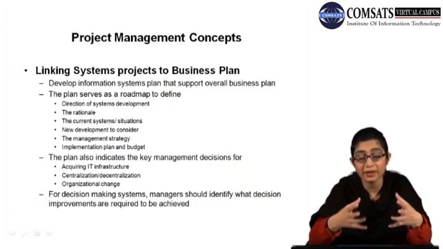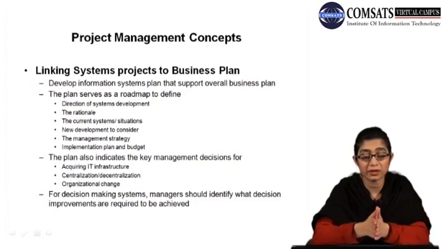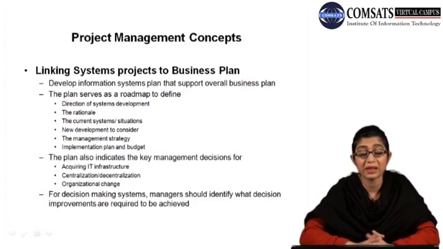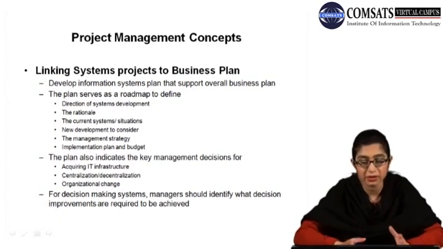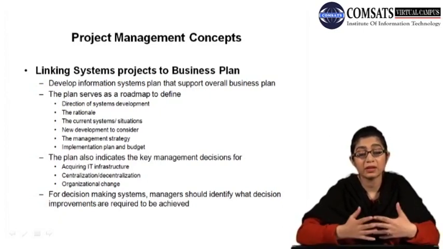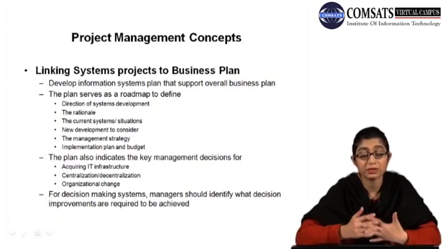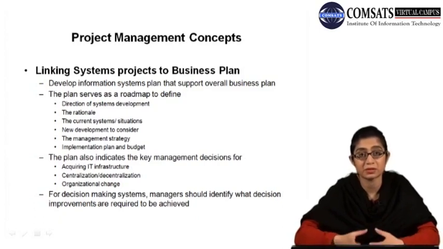So this information systems plan, जिसको हम कह रहे हैं कि that has to be linked to the business plan, इसके जो different components हैं these are the following. Basically it is a guide to these dimensions. Number one, it gives you the direction of the system development, that is, a purpose for it. Then the plan serves to define the rationale as well. It defines the current systems and the situation at the moment in the organization.